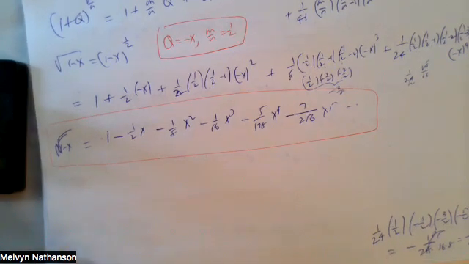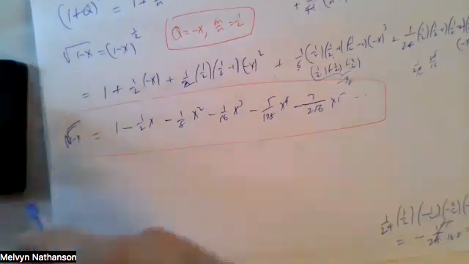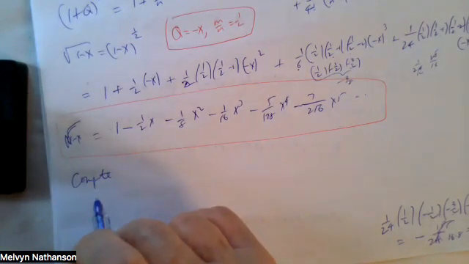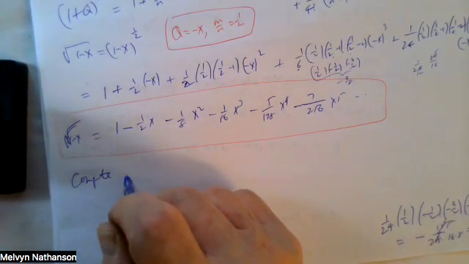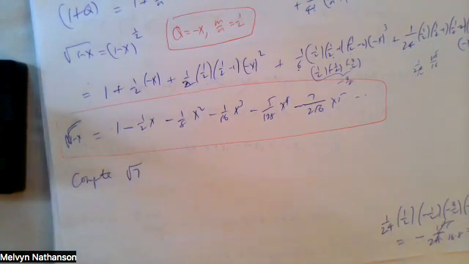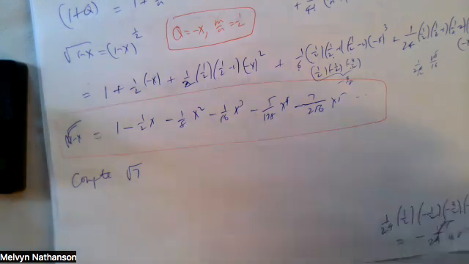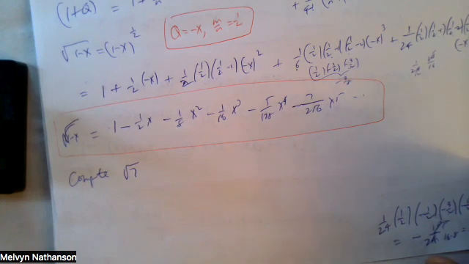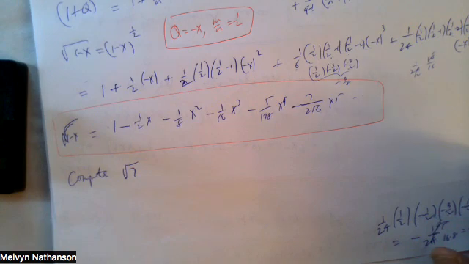Now, suppose you want to compute the square root of a number, like square root of 7. Nowadays, no one knows how to do this by hand. You take out your calculator, you take out your computer, and you get square root of 7.